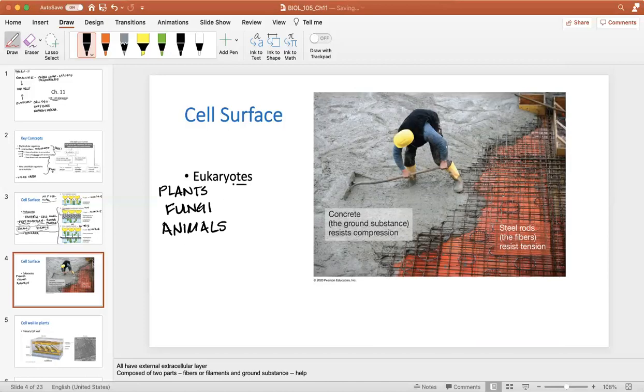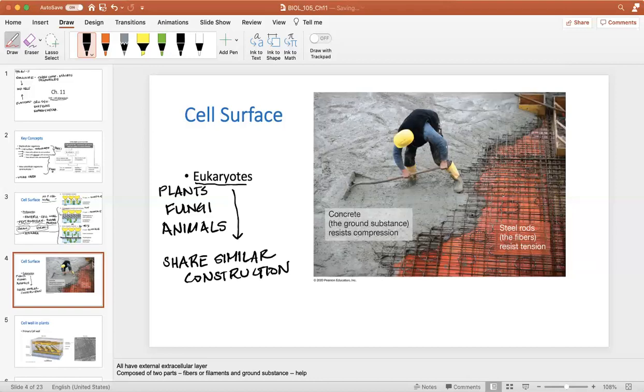All these eukaryotes have different molecules that are involved in their external secretions, but they all share a similar structure, okay? So let's write that down. Share a similar construction. And it looks a little something like this.